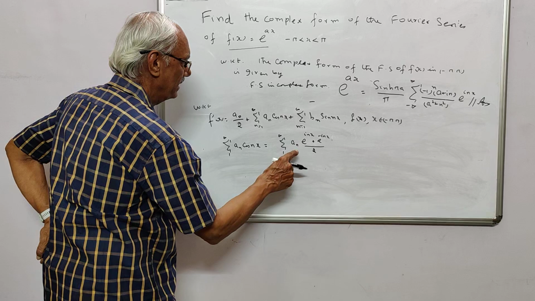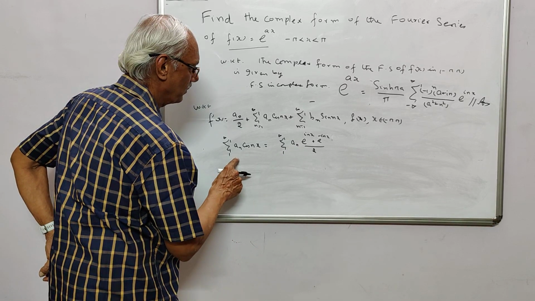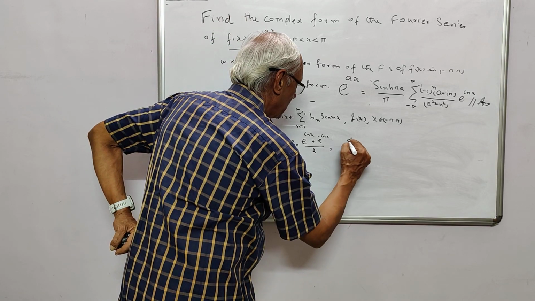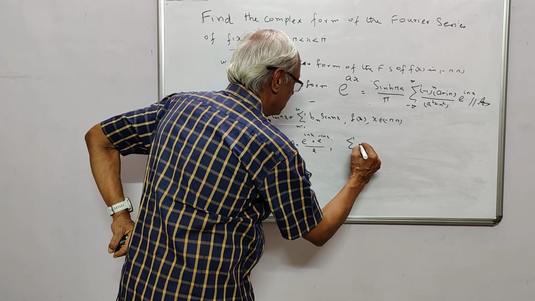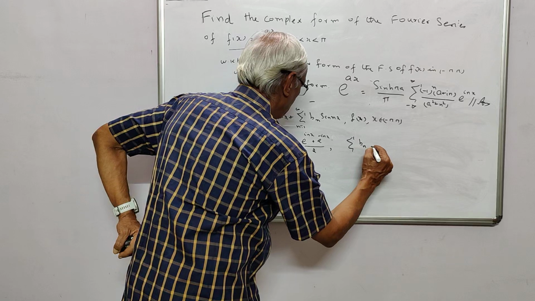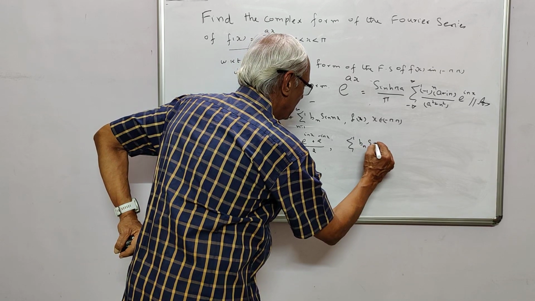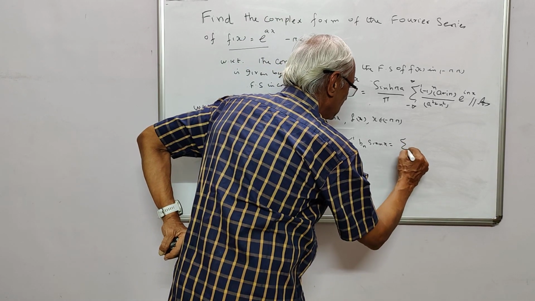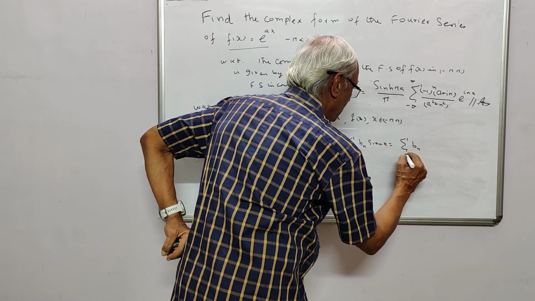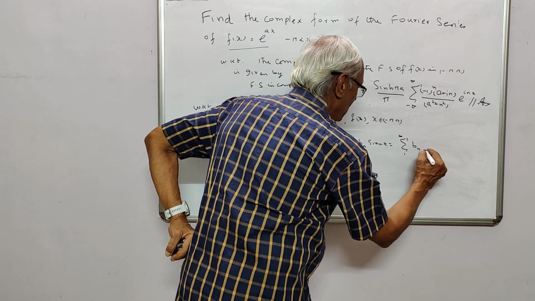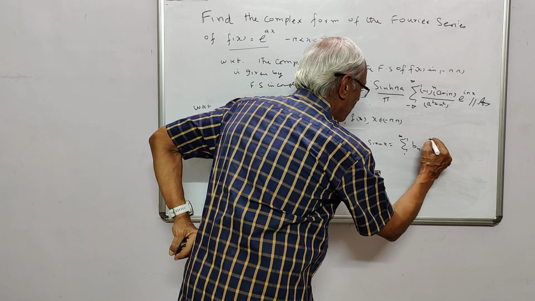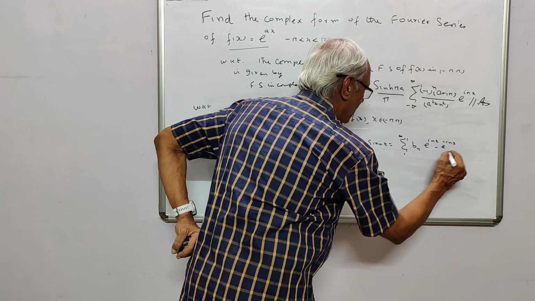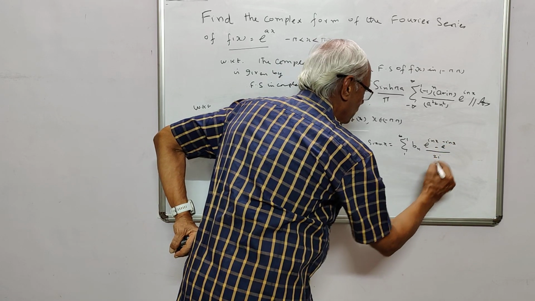So in this place, I will write e to the power of inx like this, and the other one, bn into sine nx, will be equal to sigma of bn, 1 to infinity, of e to the power of inx minus e to the power of minus inx divided by 2i.